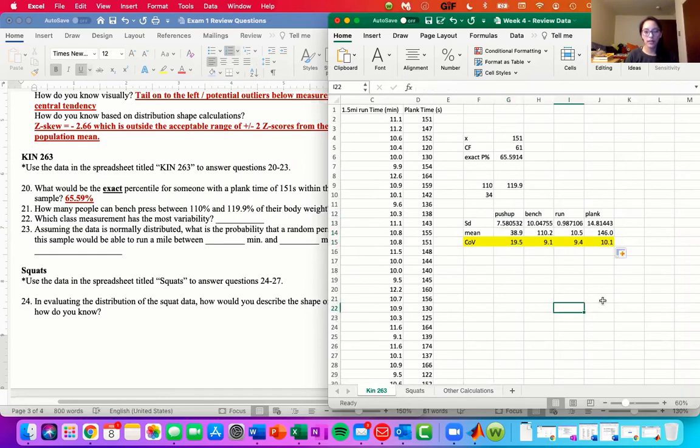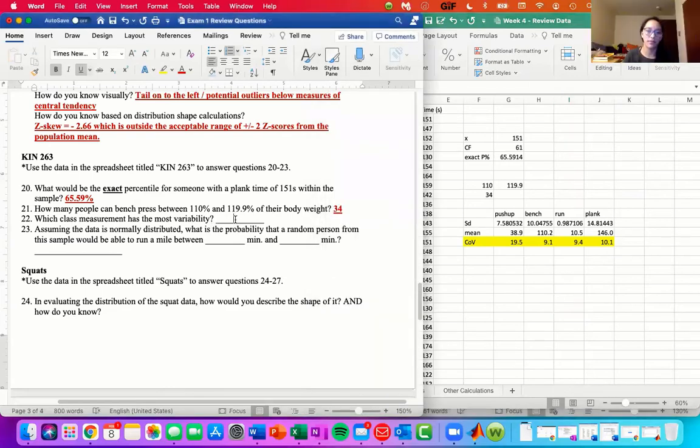And then which group has the most variability? Push-ups. Or which measurement, rather. Push-ups has the greatest variability because it has the highest percentage.